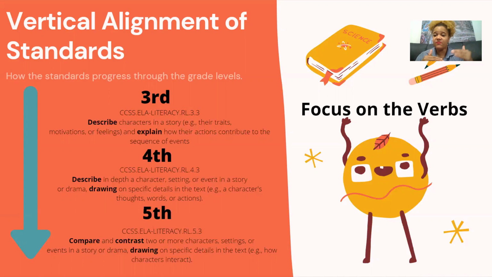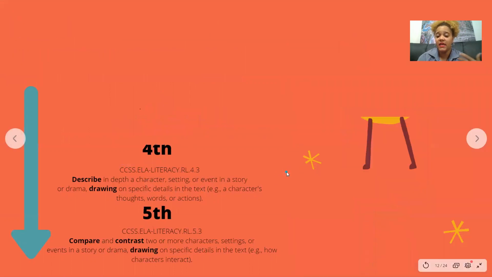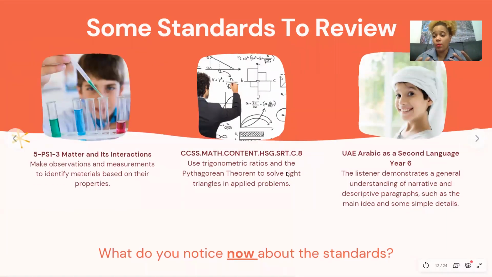Fifth grade is asking for a brand new skill to be the norm, or a higher rigor level to be the norm. They never had to compare and contrast a character before, and now they have two or more character settings or events. So you know that's something that in the classroom, you're going to have to build that skill set on. You're going to have to do that practice in order to make that something that's normal.